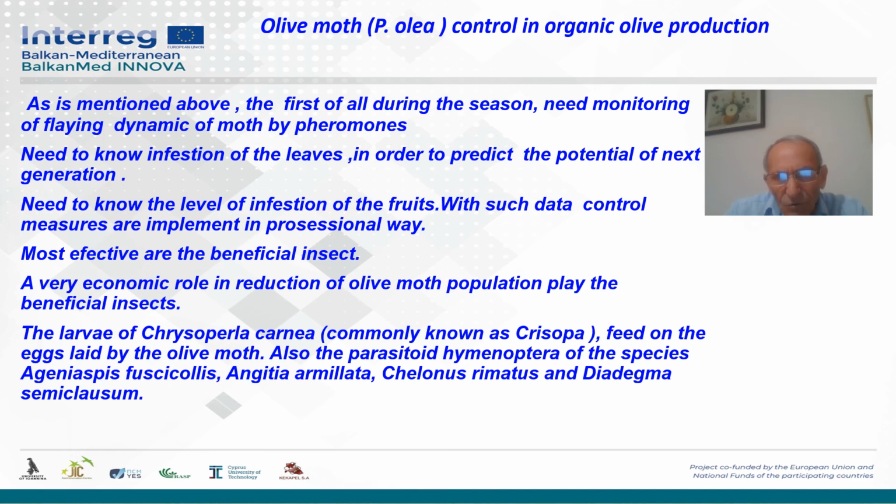Also, the parasitoid Hymenoptera of the species Ageniaspis fuscicollis, Angitia armillata, Chelonus elaeaphilus, and Diadegma semiclausum play a good role in reduction of the population in olive groves. We need to know the kind of beneficial insect in order to protect it and to create the conditions for its multiplication in a natural way in olive groves.